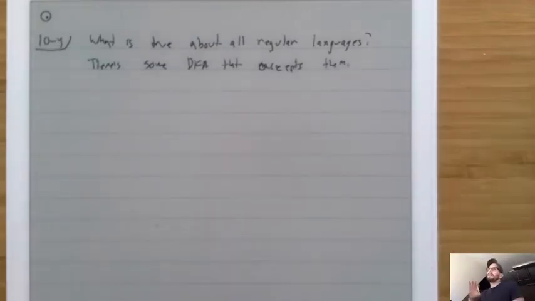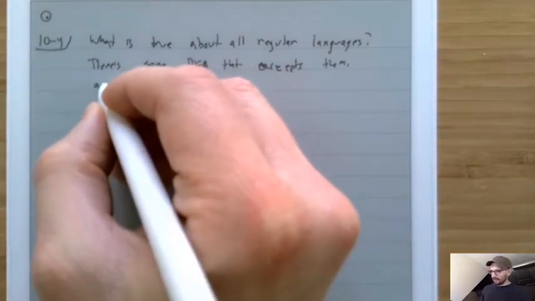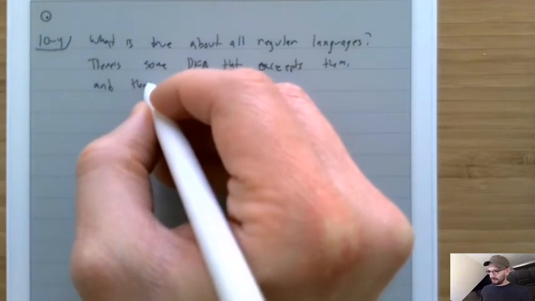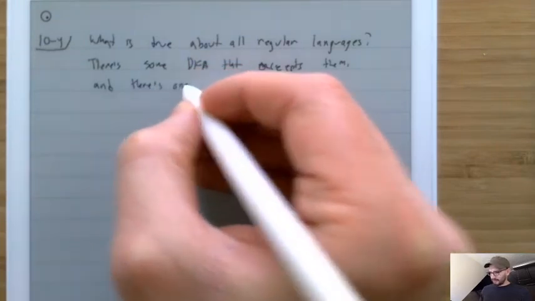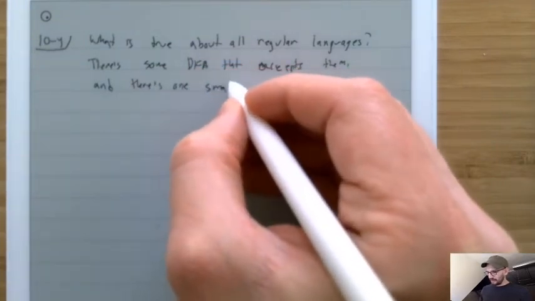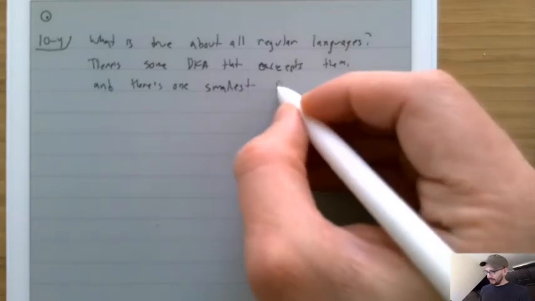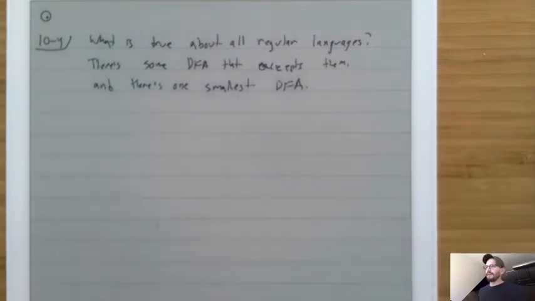Then among all the possible DFAs that accept them, there's one that's the smallest. Recall that there can be DFAs that are long and weird. You know what I mean? Okay.